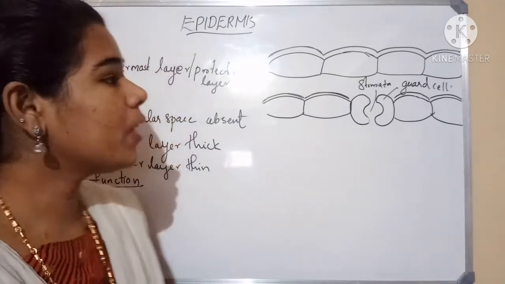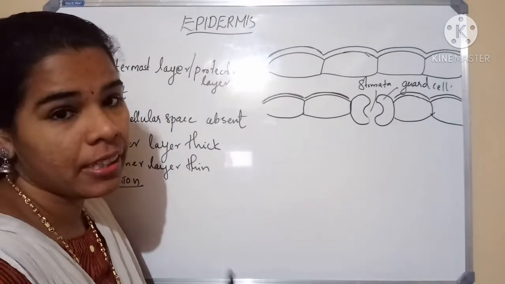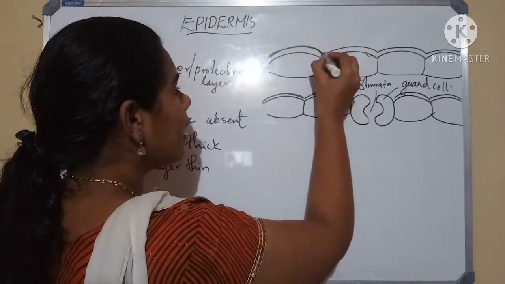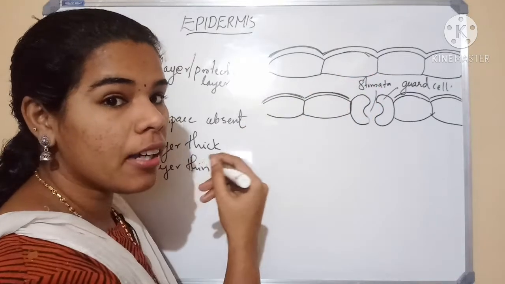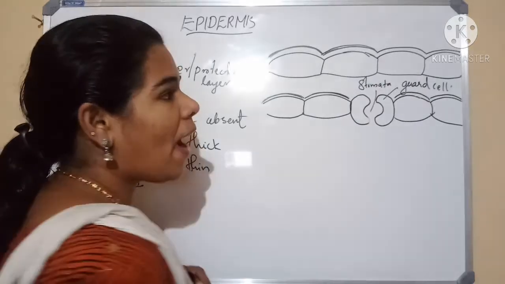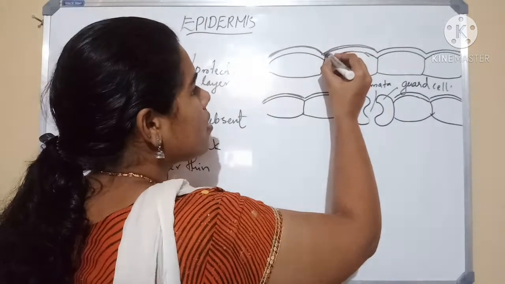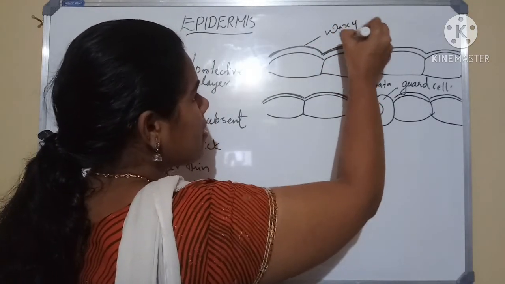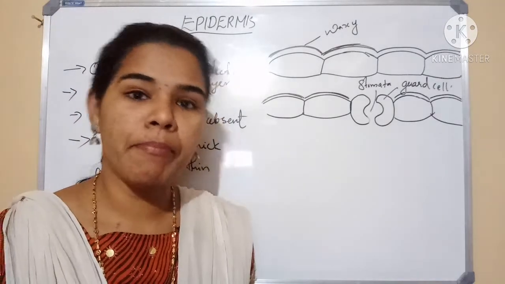In some plants that grow in dry conditions, they have an additional layer present on the outside of the epidermis, which is made up of waxy cuticle. A waxy layer is present in the case of dry plants.